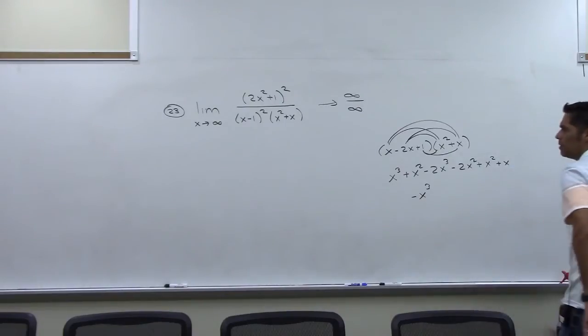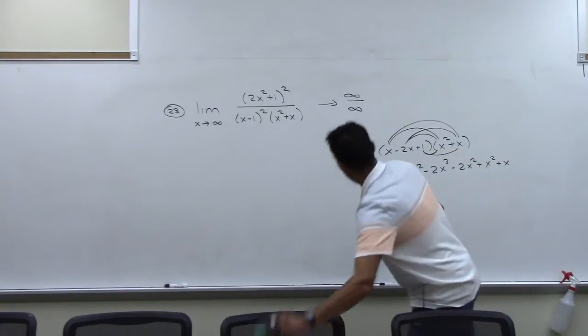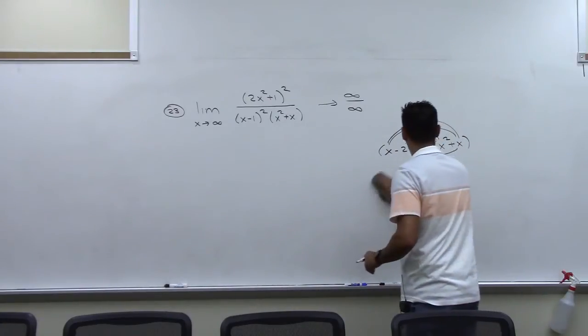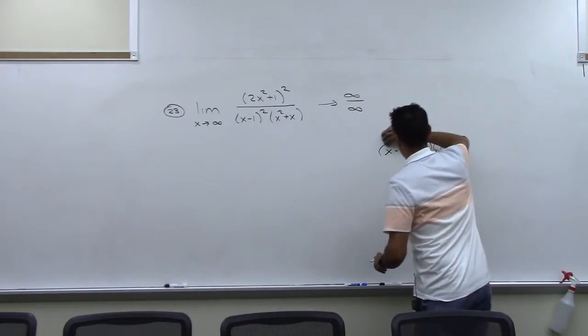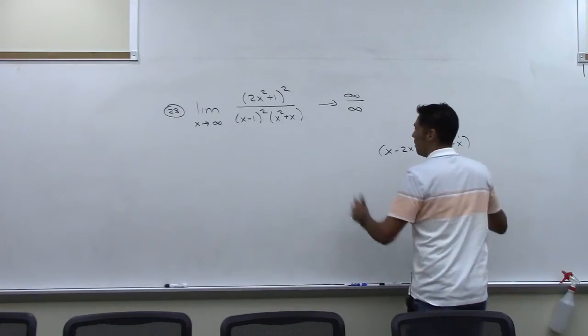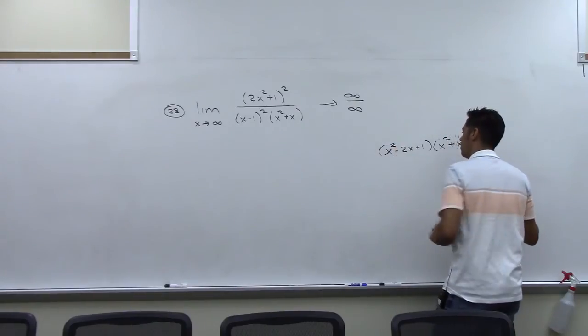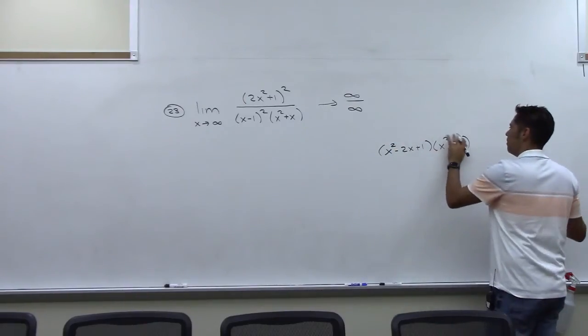I feel like I'm really missing something. I apologize. I see what I'm missing. I knew something didn't seem right there. I hope you see it. When I multiplied this out, I should have had x squared minus 2x plus 1. Okay, that's better.